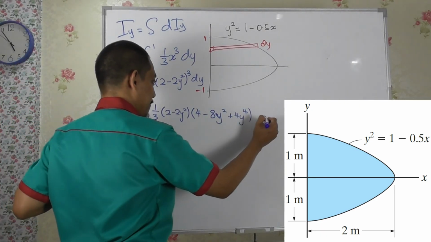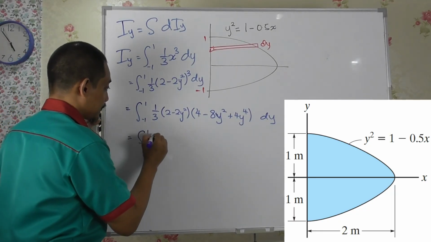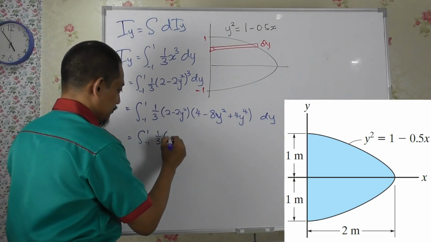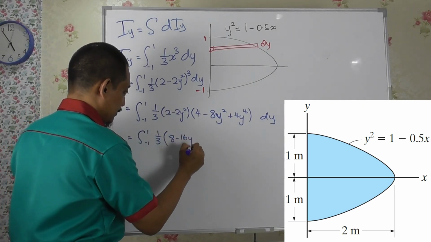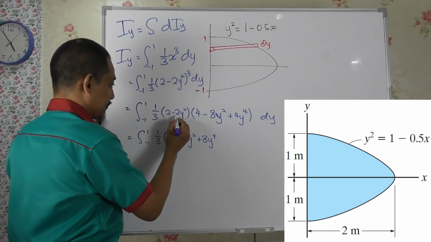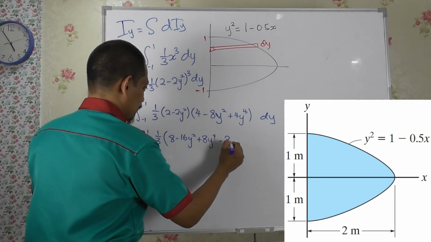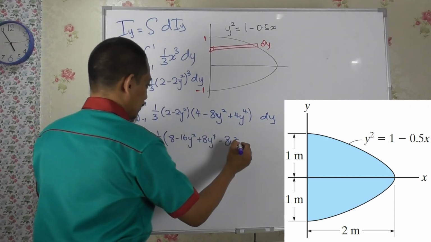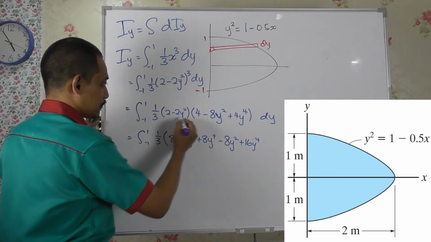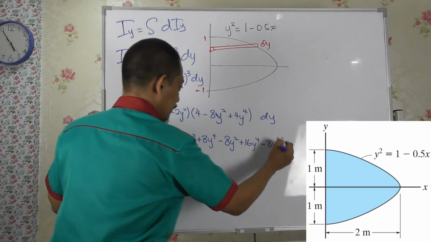And then dy. So we expand further, -1 to 1, 1 over 3. Multiply by 2 first, so you get 8 minus 16y square plus 8y to the power 4. And then multiply by minus 2y square, so becomes minus 8y square plus 16y to the power 4 minus 8y to the power 6, and then dy.